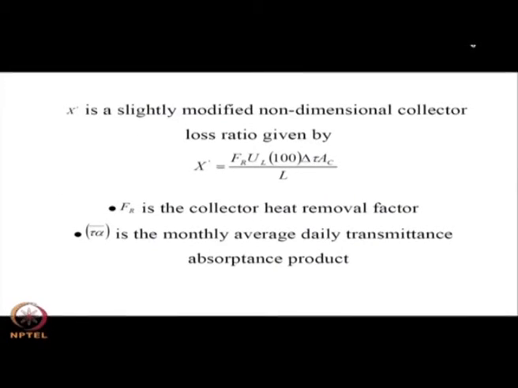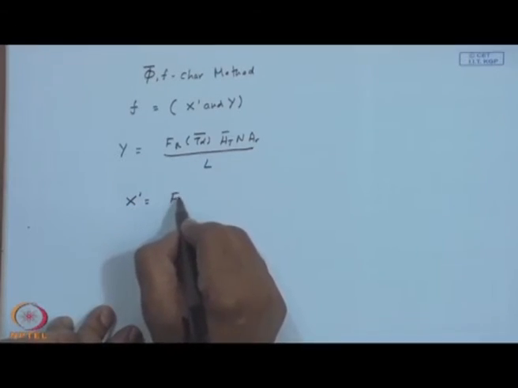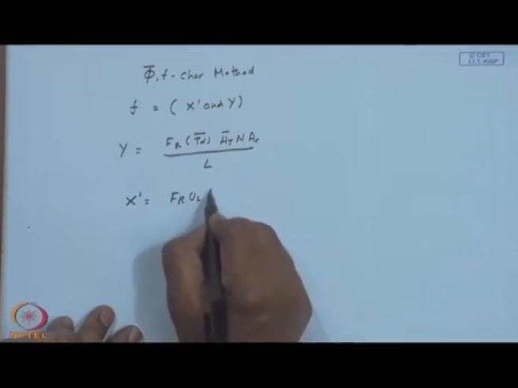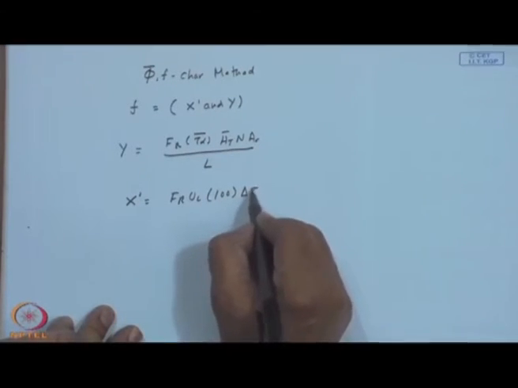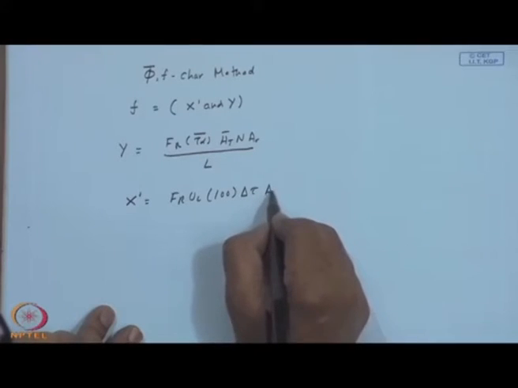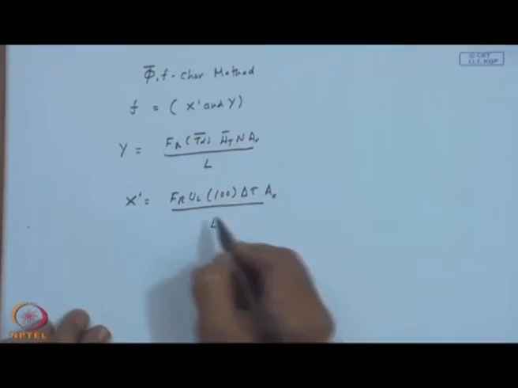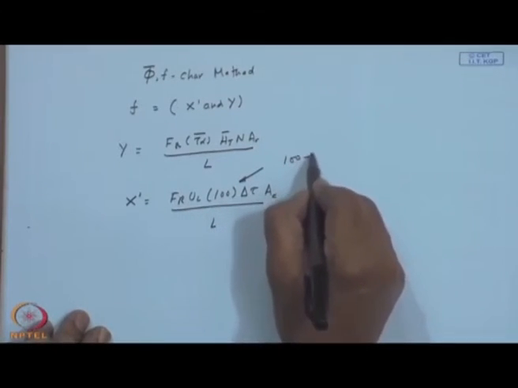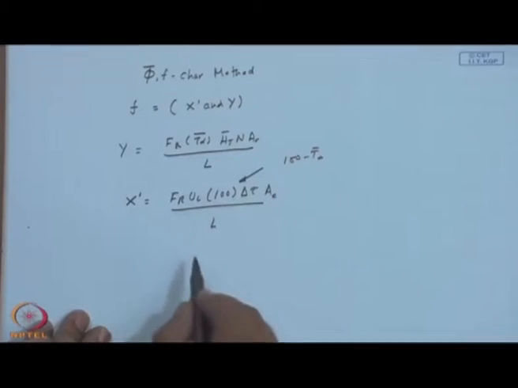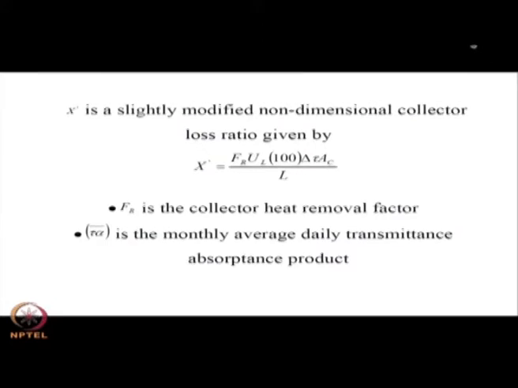And the non-dimensional collector loss is slightly modified as x dashed equal to F_R U_L times 100 times delta tau, that is the number of seconds in the month, by A_c upon L. So, only difference is this comes in place of 100 minus T_a bar. So, these symbols are explained over here.